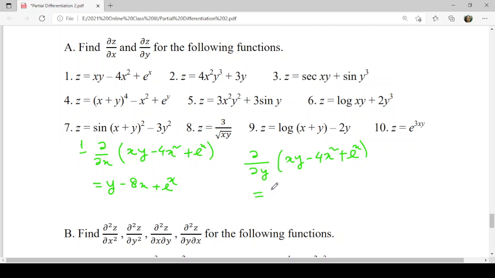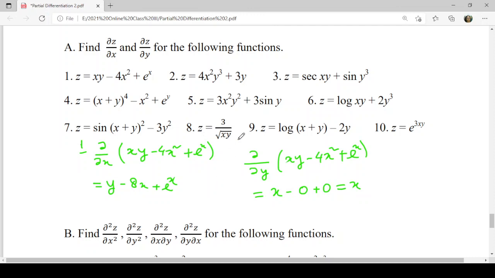So with respect to y, del/del y of y is 1, so x will come, and the others will not come because they are functions of x, so the value is 0. So only x will come here. So del z by del y is x, and del z by del x is y minus 8x plus e to the power x. So this is the way to find this.